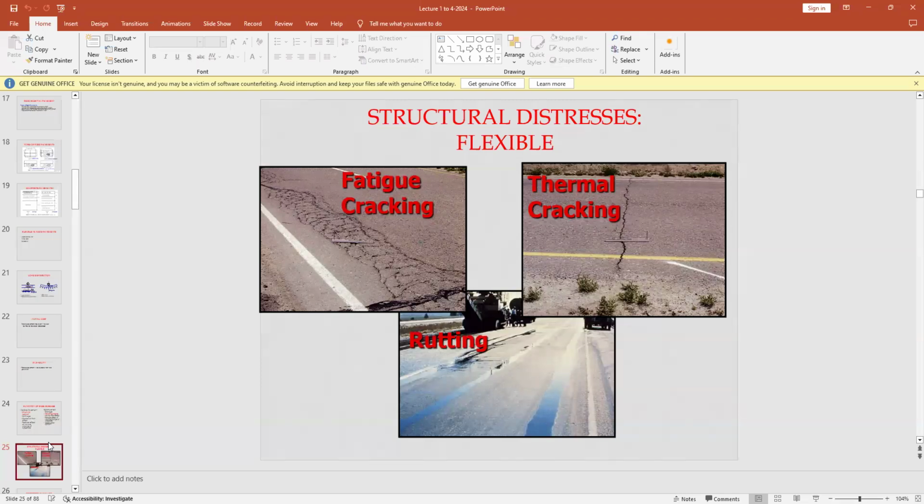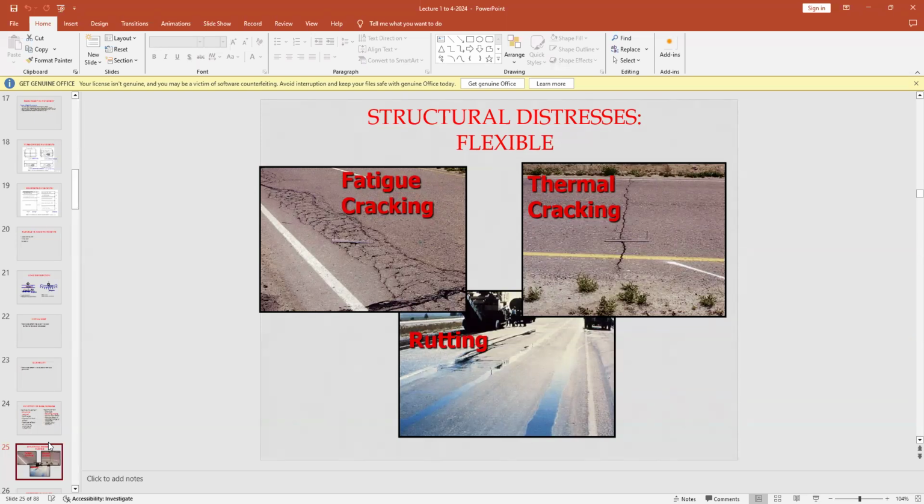Then there is thermal cracking, in which a transverse crack occurs along the road path. This is what we call thermal cracking. Usually, this thermal cracking occurs at temperatures less than minus 10 degrees centigrade.